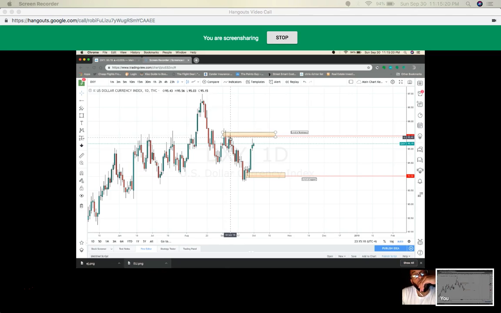Price came right here, stopped on a dime, and reversed, which is how you get these wicks. It means heavy rejection.